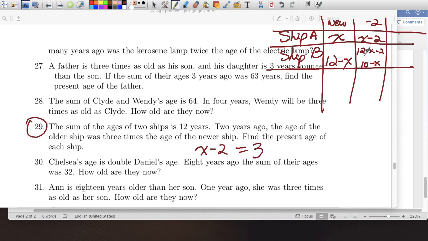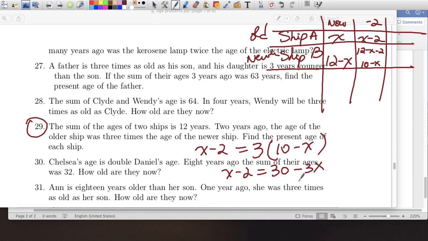I made this the older, I guess, and then this is the newer. I just chose. So the age of the older ship equals 3 times the age of the newer ship, and the newer ship is 10 minus X. Solve. X minus 2 equals 30 minus 3X. Variables on both sides.